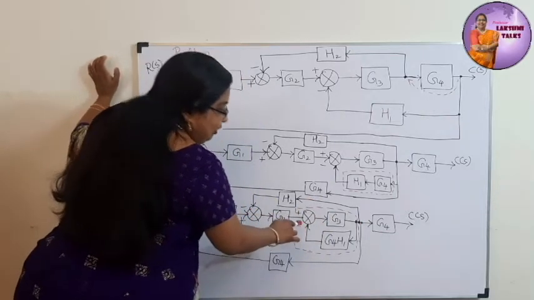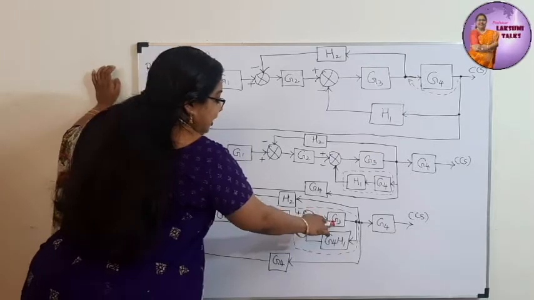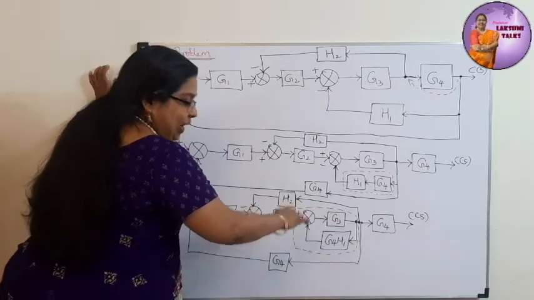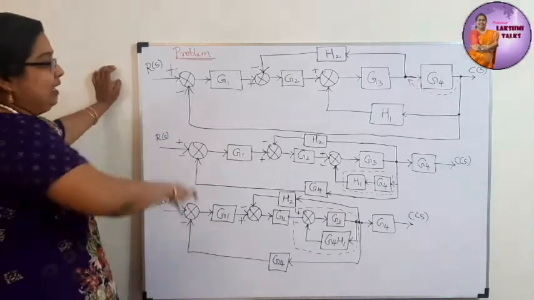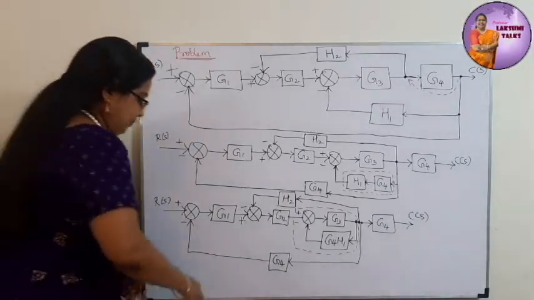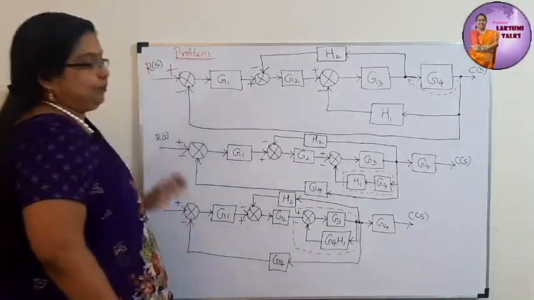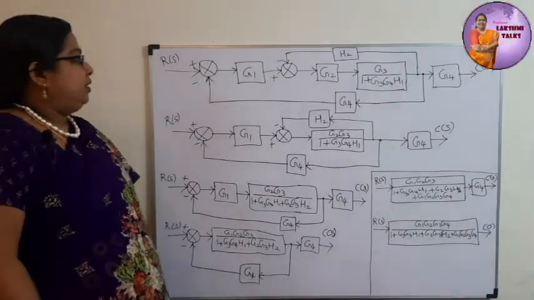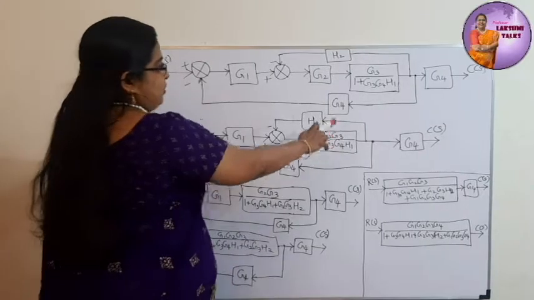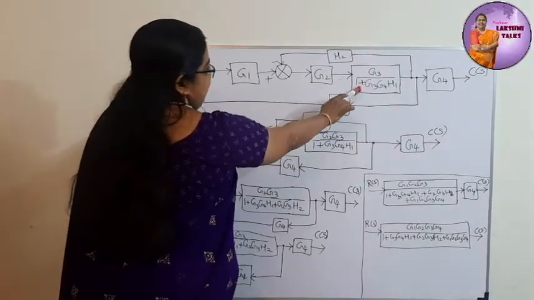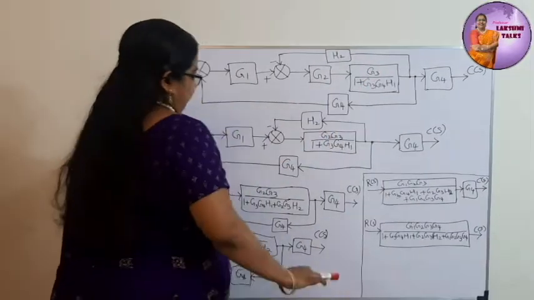Here you have a negative feedback, so plus. So G3 divided by 1 plus G3 G4 H1, that we have to redraw again. Now we have this feedback path reduced here.